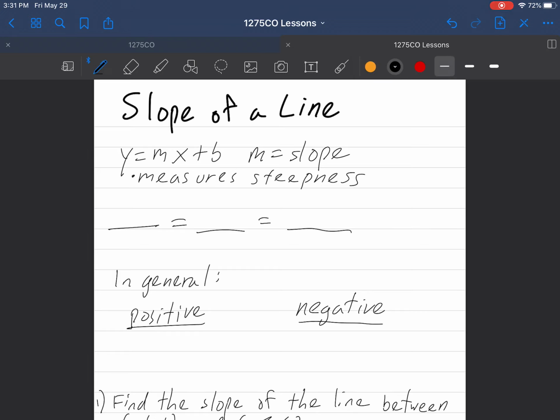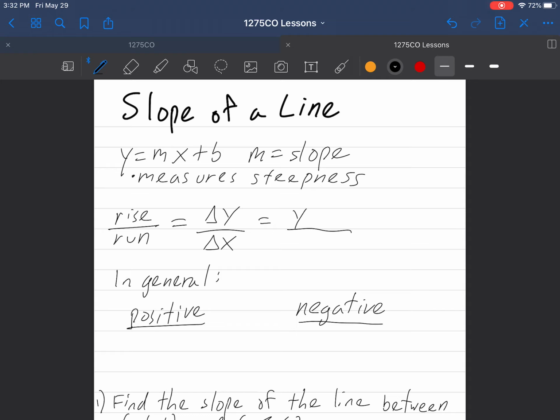Whether it's positive or negative depends on the word higher or lower. A lot of times you'll see the slope of a line referred to colloquially as rise over run. More in depth, notice the delta symbol is Greek for change, so change in y over change in x.